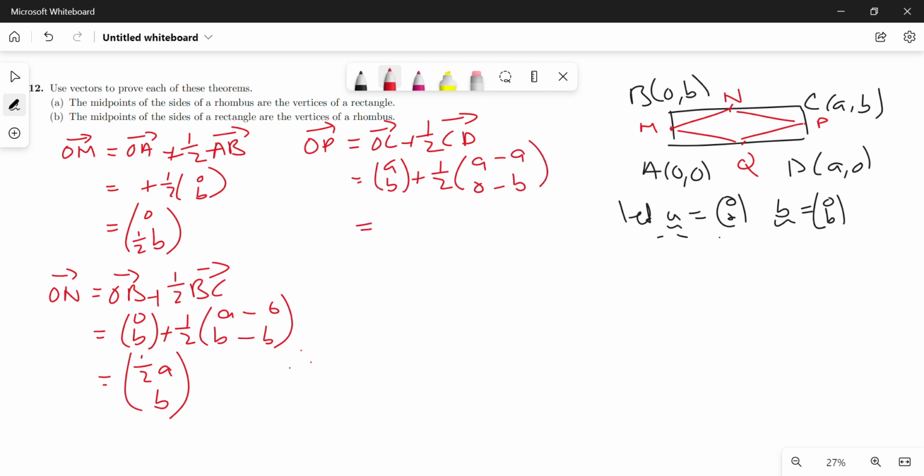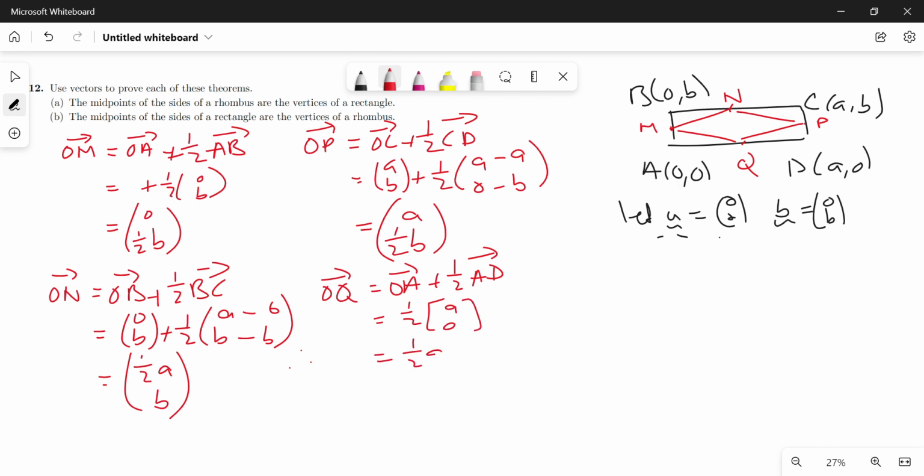So we're going to end up with (a, half b) for that one. And we need OQ. OQ being OA, which is our (0, 0), plus half of AD. So we want half of D, because A is (0, 0), so that's a nice easy one, half a, 0. So (half a, 0), of course.